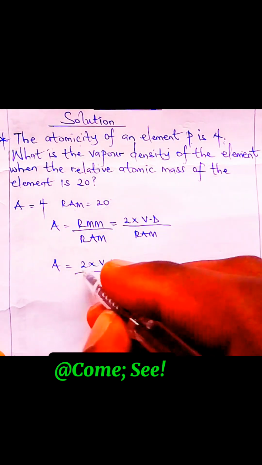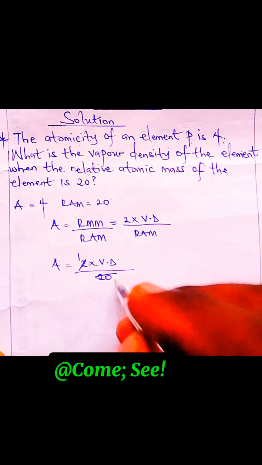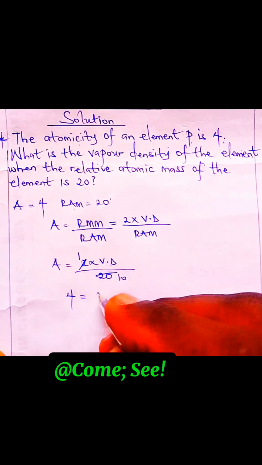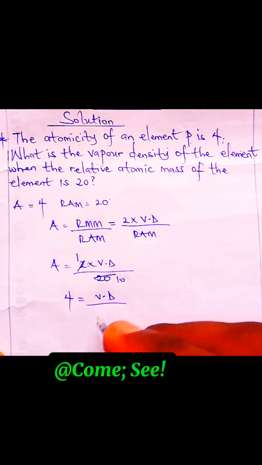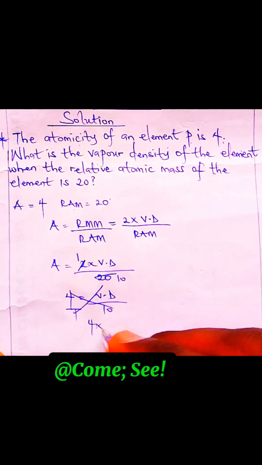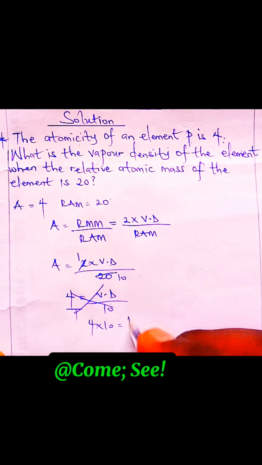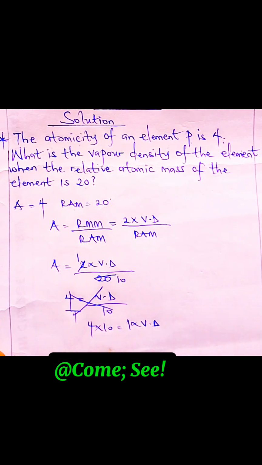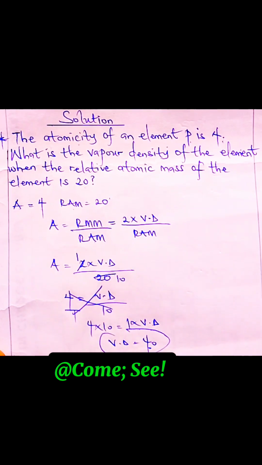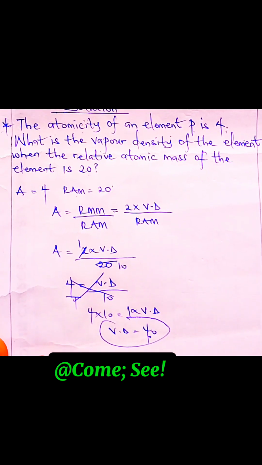The next thing we do is to simplify 2 over 20: 2 into 2 is 1, 2 into 20 is 10. Now atomicity is 4, we should not forget that, 4 equals vapor density over 10. What do we do next? We cross multiply. 4 times 10 equals 1 times vapor density. So vapor density is 40. Now this is the answer. I'm very sure that you got the same answer.